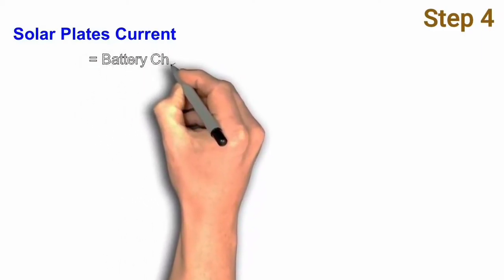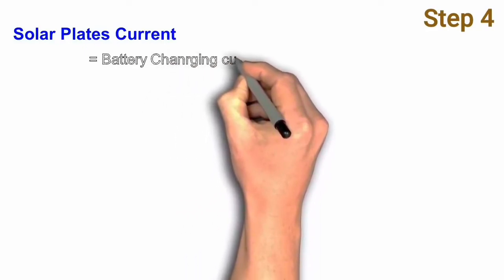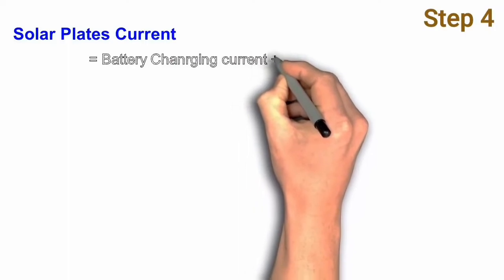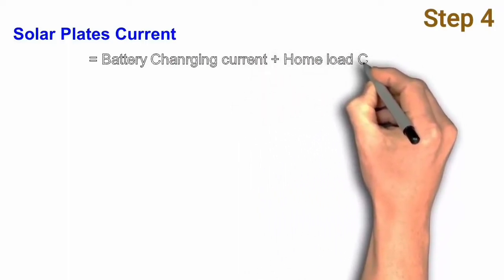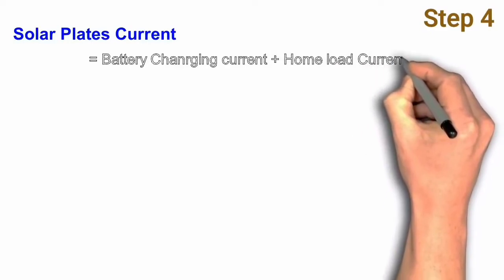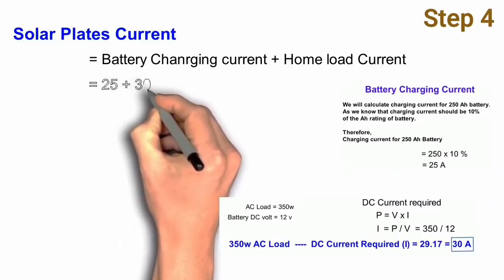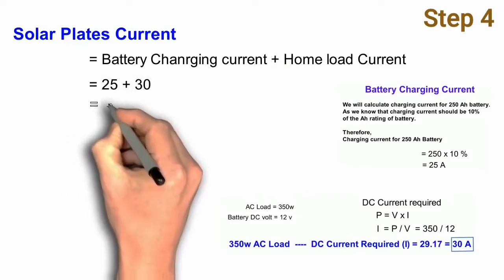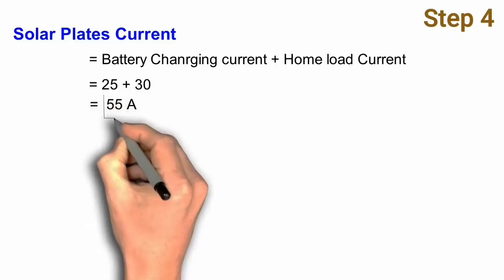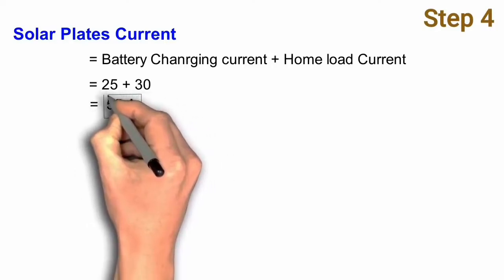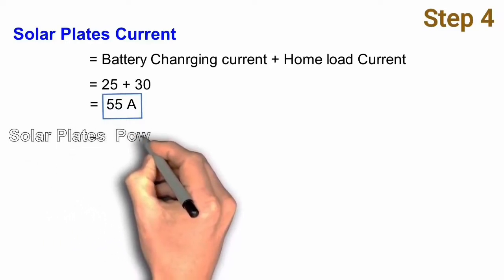For the solar panel current, it's usually equal to the battery charging current plus the home current, that is the home load current, the current coming from the load, which we calculated initially to be 30. So in this case, adding up the charging current and the home current, we have a total of 55 ampere.